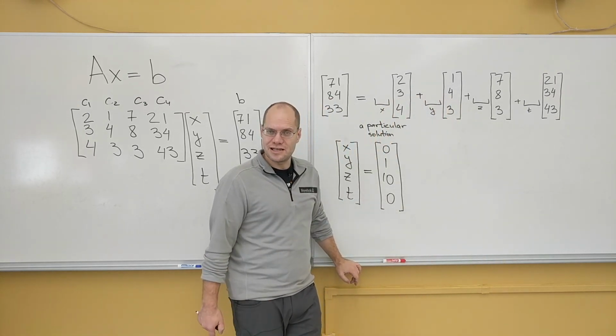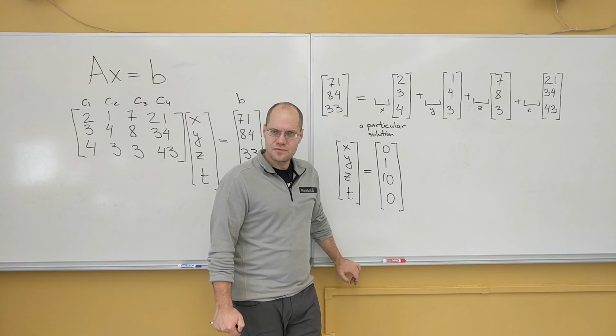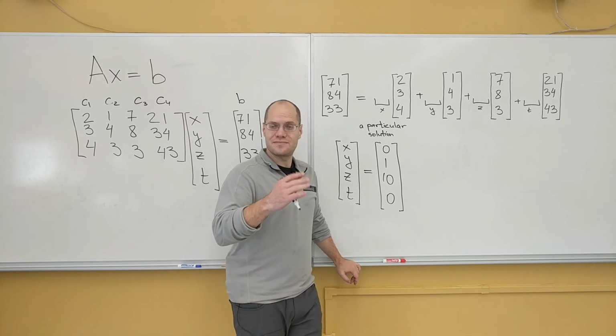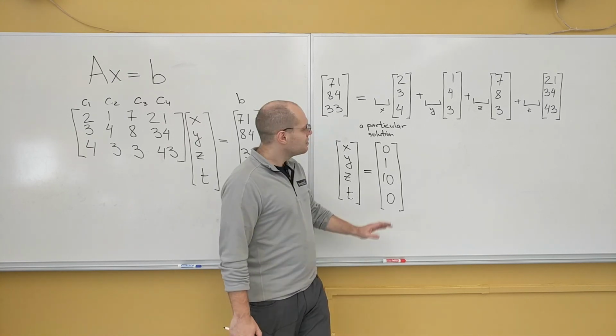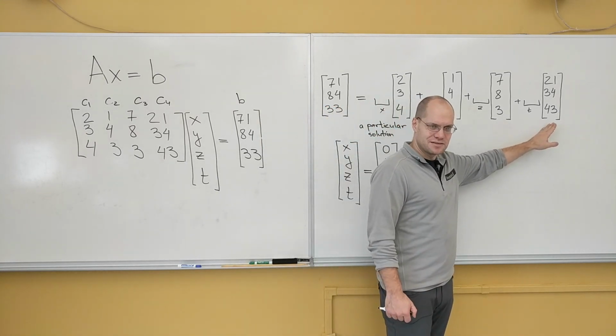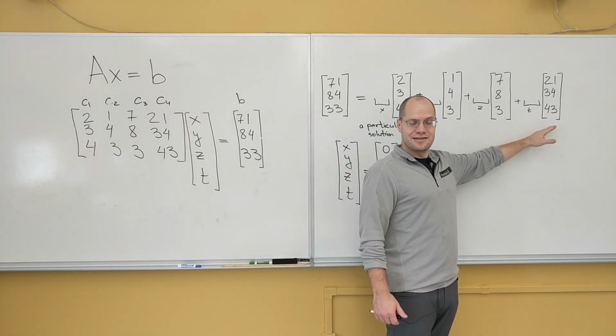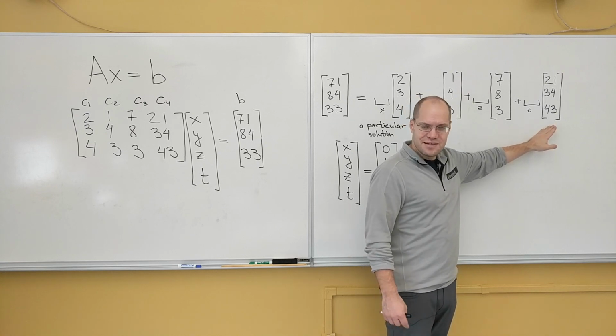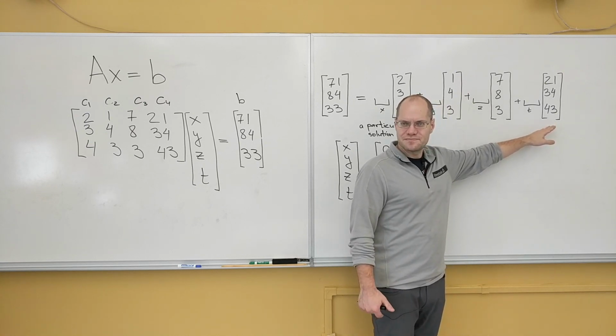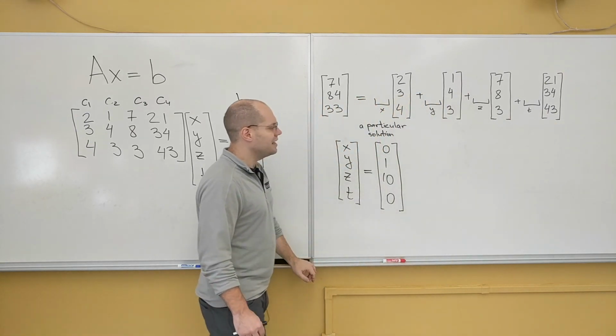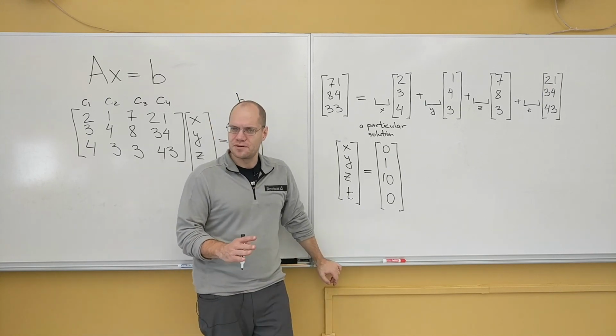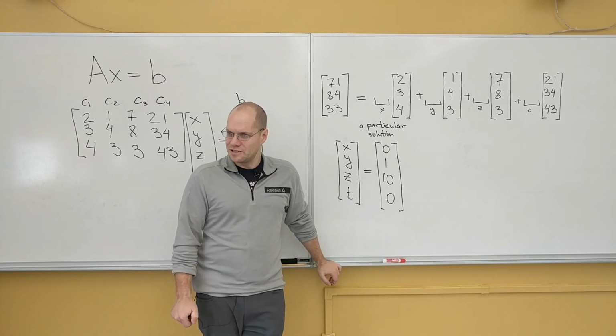And what you notice there is, let's step into linear algebra, these vectors are linearly dependent. How do we know that they're linearly dependent? Well, there are 4 of them in a 3-dimensional space. So they're linearly dependent. Even if you didn't see the relationship, you would know that they're linearly dependent.